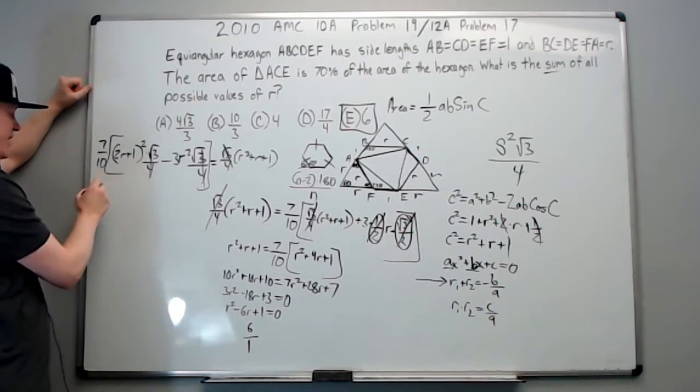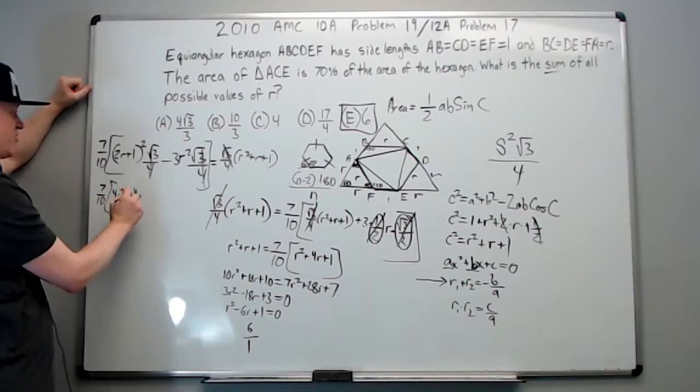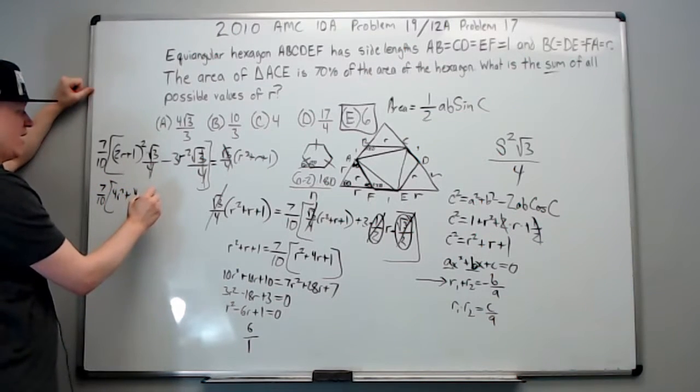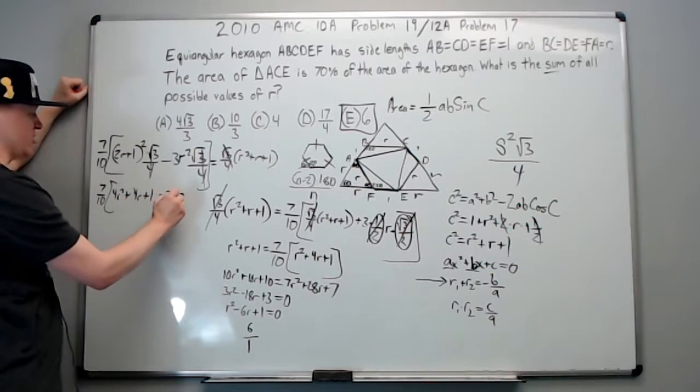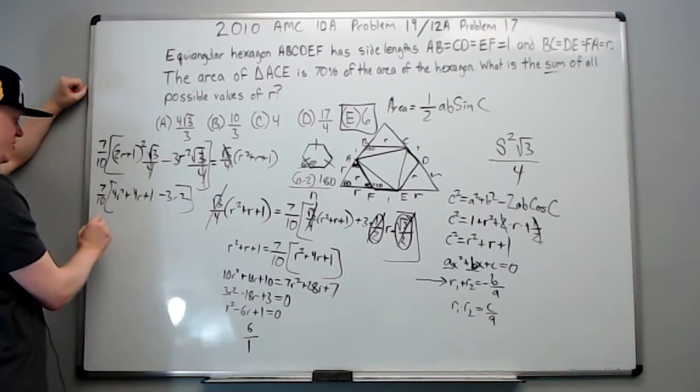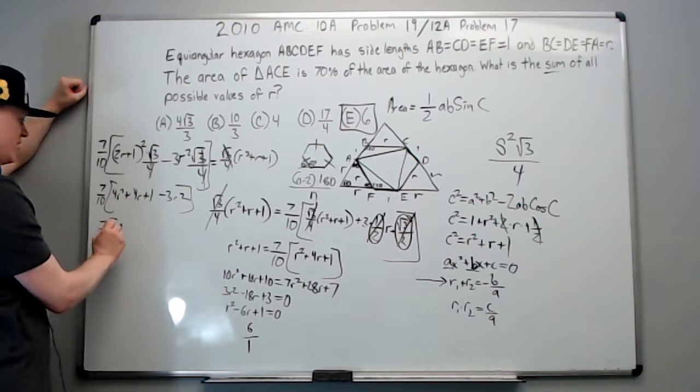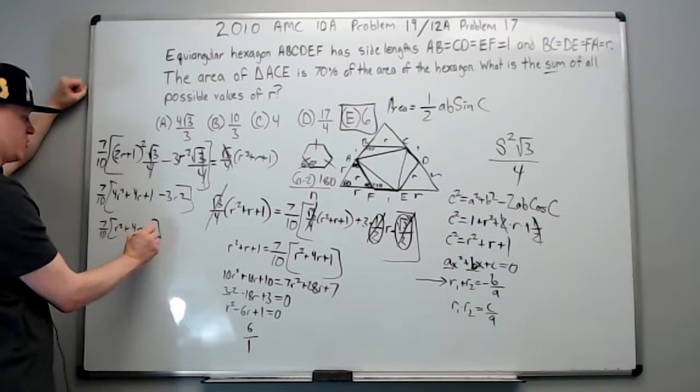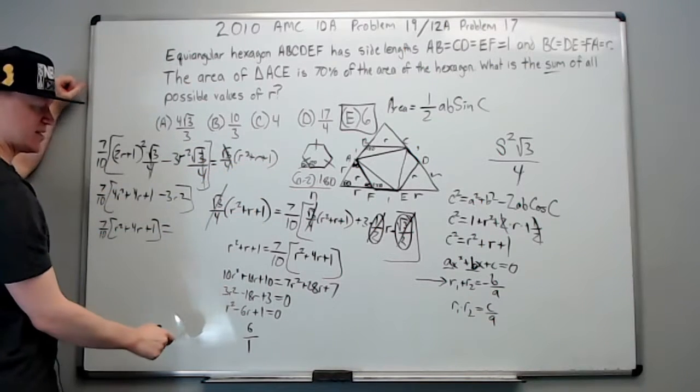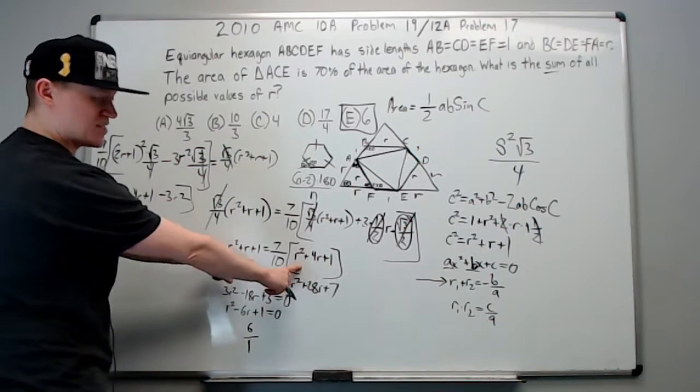If we expand this, you're going to get 7/10 times 4r squared plus 4r plus 1, and then it's going to be minus 3r squared. So that's going to give you 7/10 times r squared plus 4r plus 1 equals r squared plus r plus 1. If you look, that's right here.